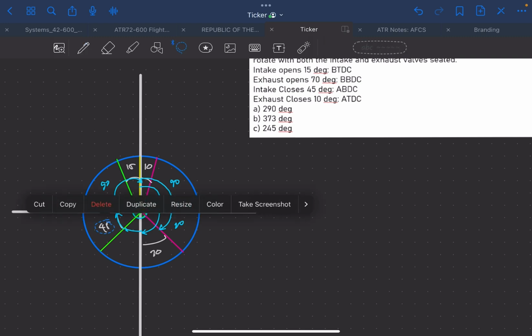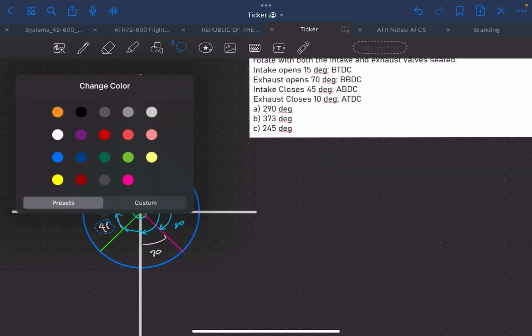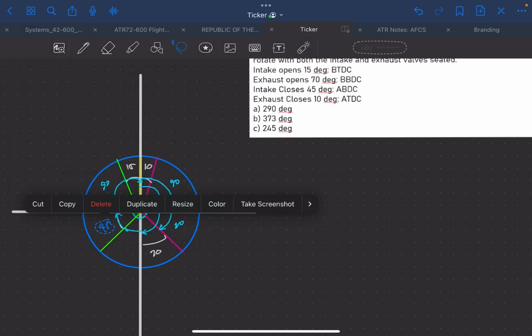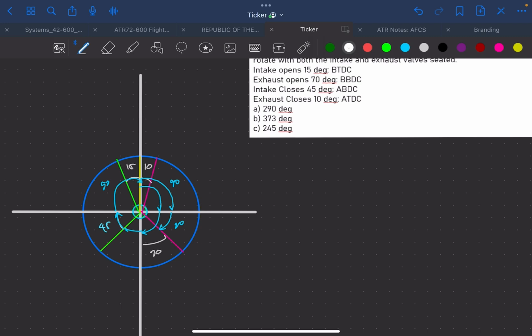Okay, so adding up all the crankshaft angles at the moment both valves were closed, we get 45 plus 90 plus another 90 plus 20. 9 plus 9 is 18, plus 2, that's 20. 245.